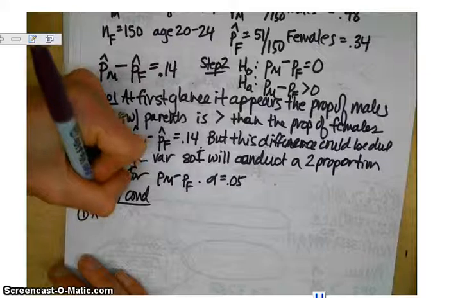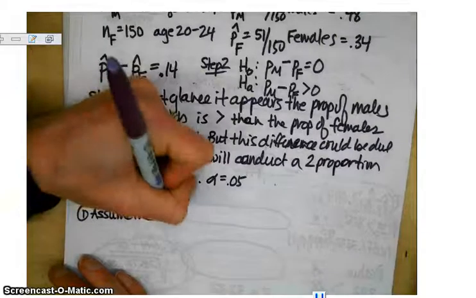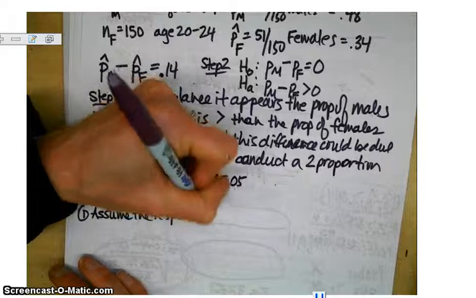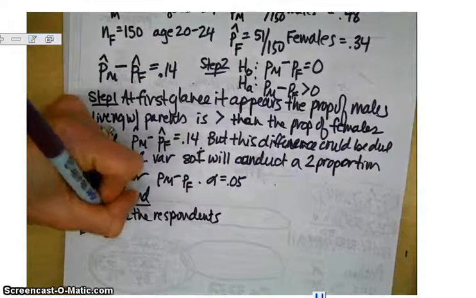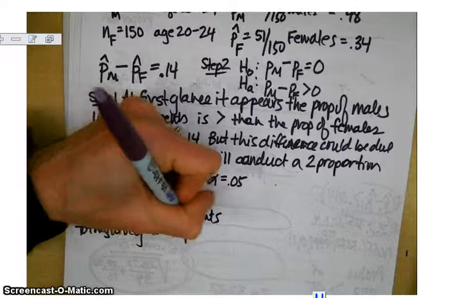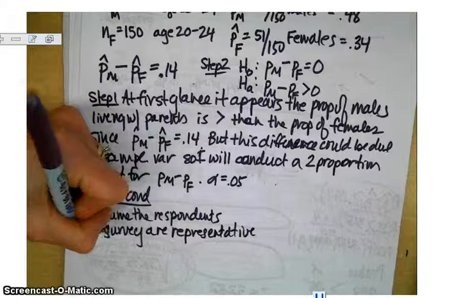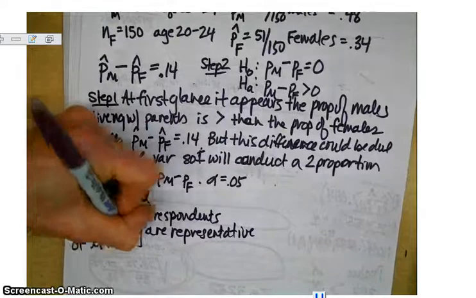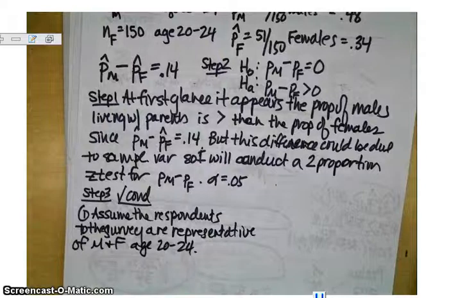So we're going to assume the respondents to the survey are representative of males and females age 20 to 24. It does not say it's a random sample.